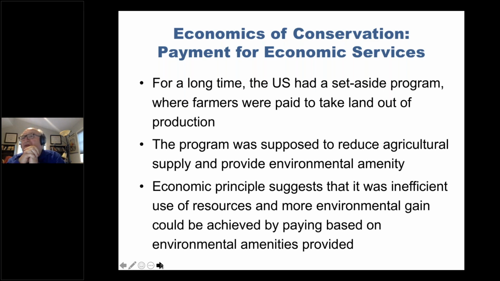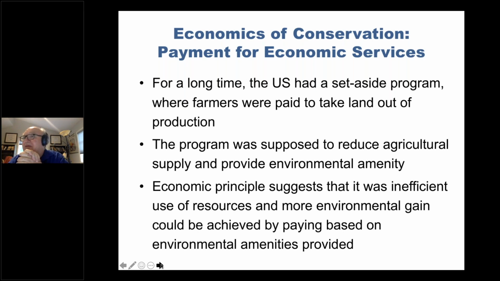It was very difficult to convince Congress, but slowly people realized that we can assess the economic value of different environmental amenities and develop programs that use the money in a way that is best for the farmers and best for the environment.